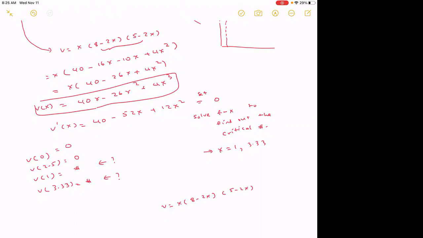Then you have the volume function in terms of x, and determine the endpoints, and then find the critical points and find the volume at the endpoints and also at the critical points. The largest one is your largest volume. Good. Any further questions on this one?